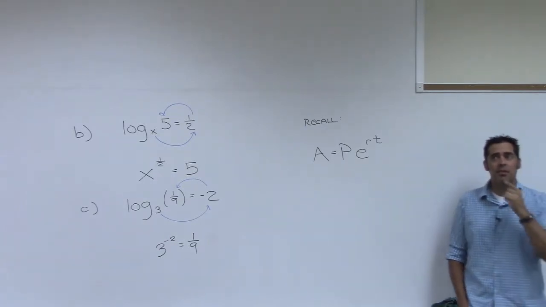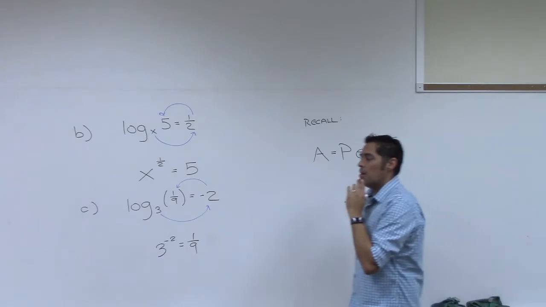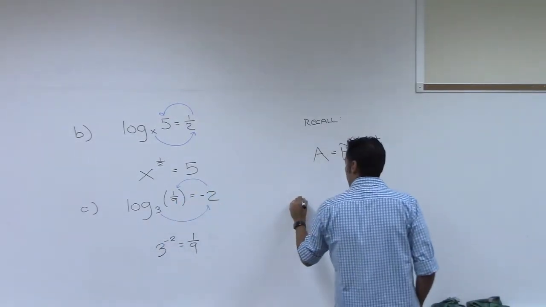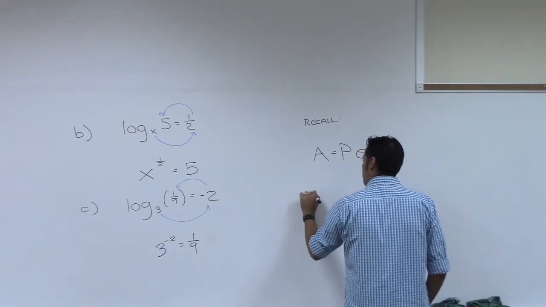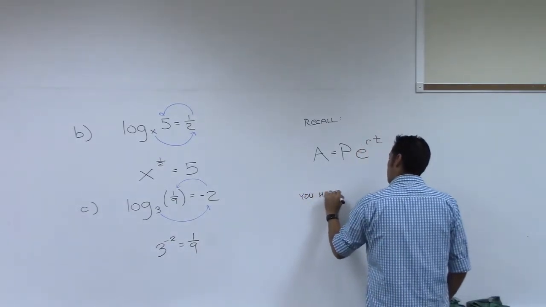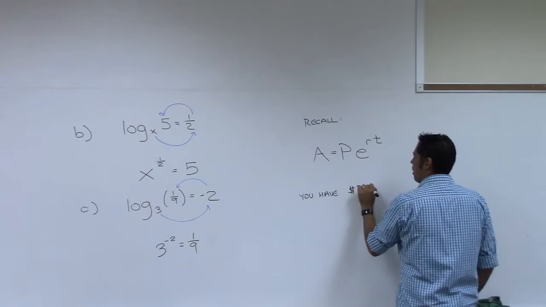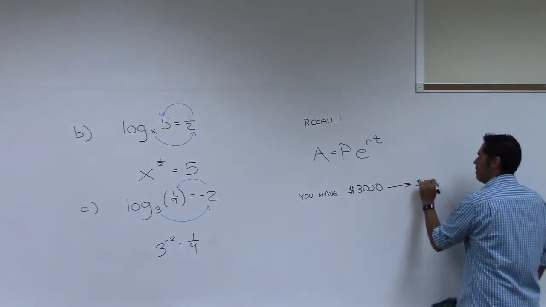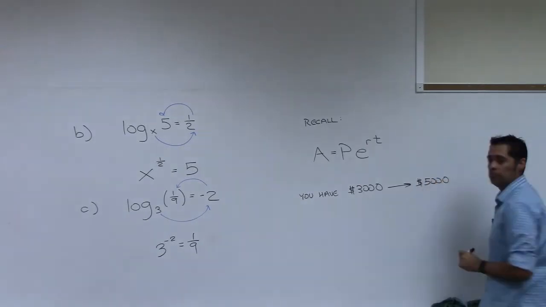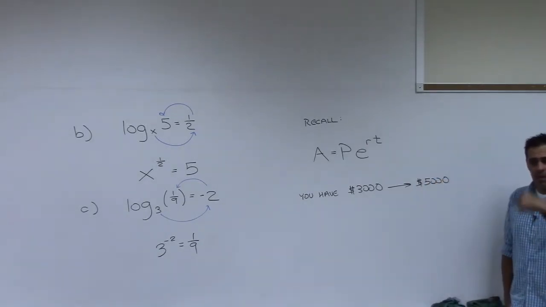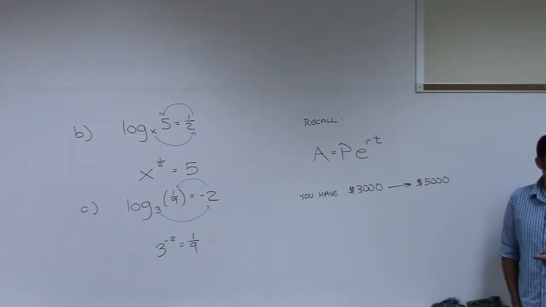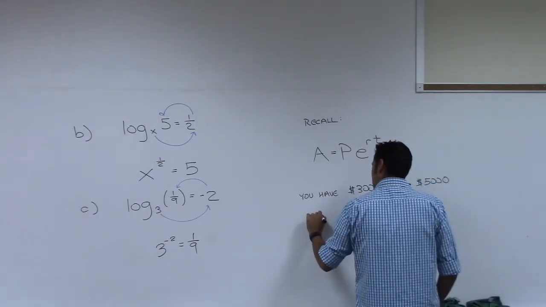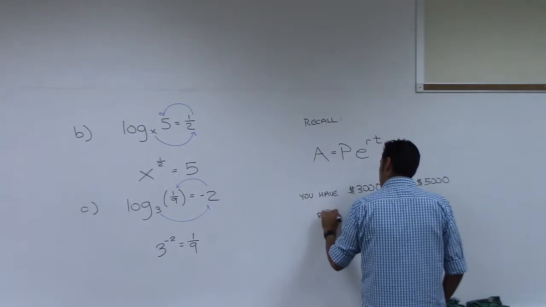Or I could ask, let's say you have $3,000, and you want to turn it into $5,000. You're going to put it in the bank. It's going to take time for that to happen. So let's say the rate here is 3%.